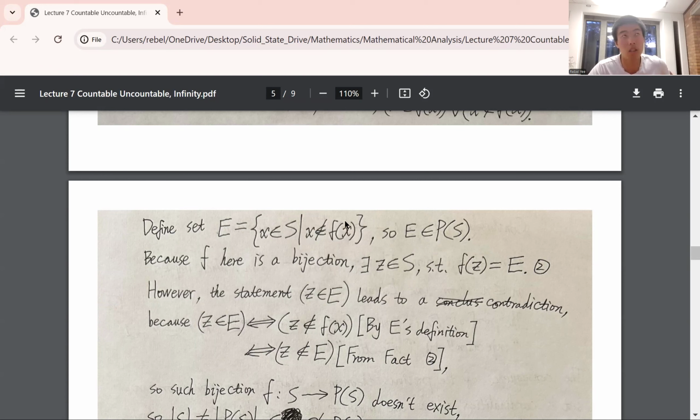This leads us to think about something we call Russell's paradox.